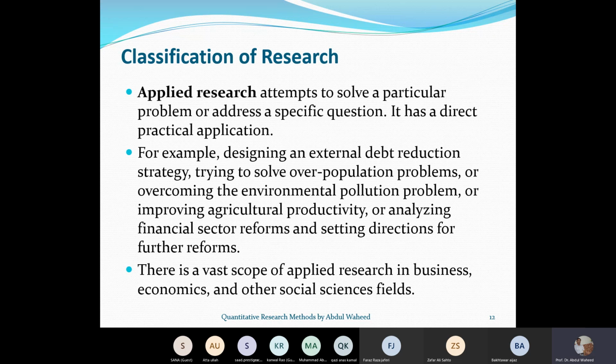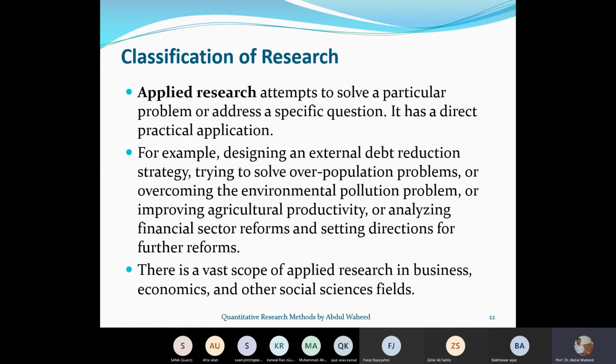For example, if the government is in trouble with its external debt, then we can design a debt reduction strategy by conducting applied research. Also, the government faces a problem of overpopulation. Then again, applied research can be done to make policy recommendations on how to control the overpopulation problem.